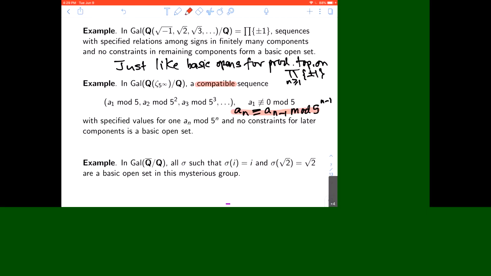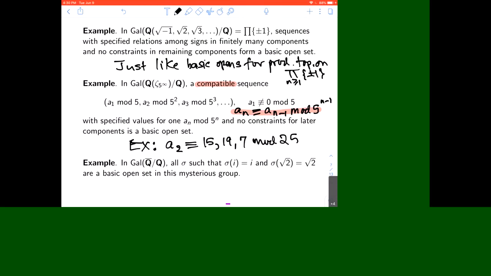And so I want to say that a basic open set in this case, saying how things behave, say on some 5-power finite extension, I basically need to tell you what the exponents have to be. So for example, maybe I could say A2 has to be congruent to, I don't know, 15, 19, and 7 mod 25, something like that.